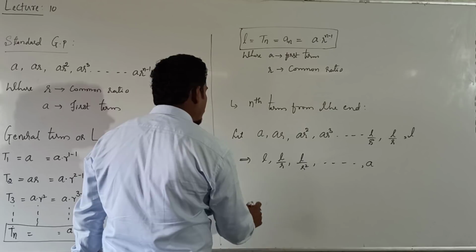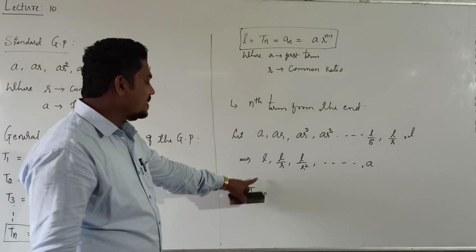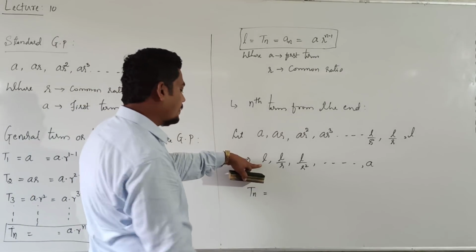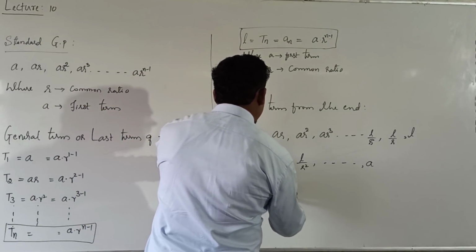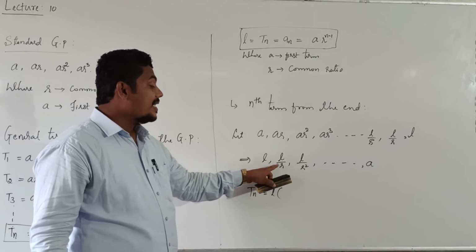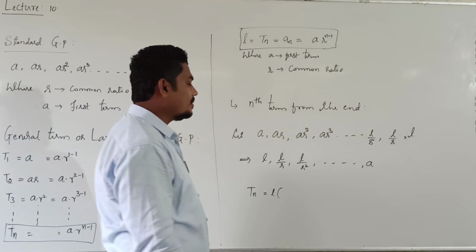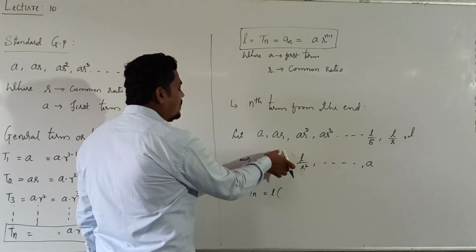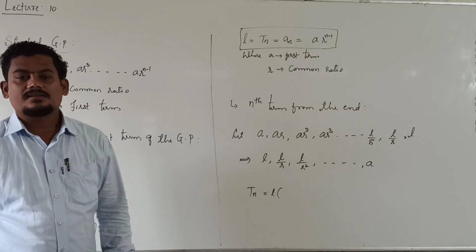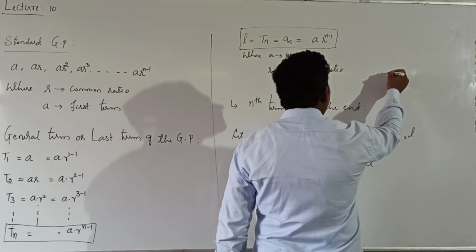Now, nth term from the end is Tn equal to L into common ratio power n minus 1. In this case what is common ratio? Term divided by its previous term gives common ratio.